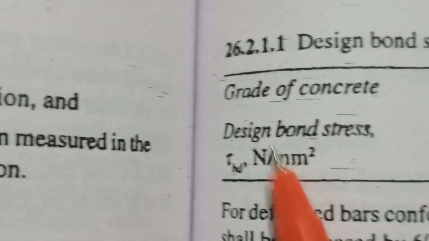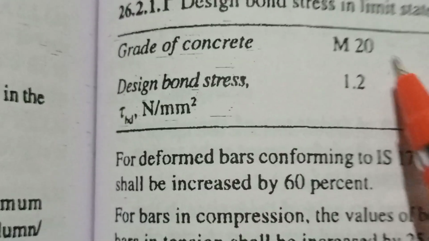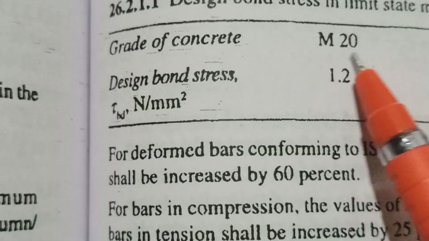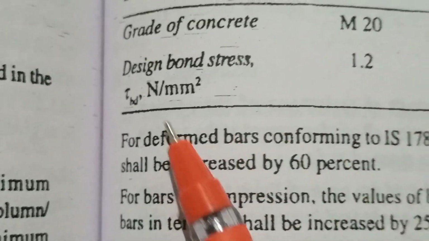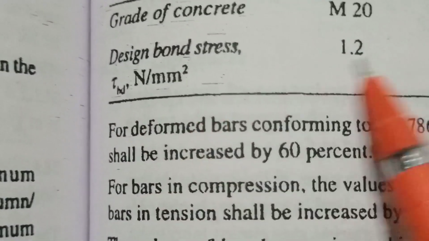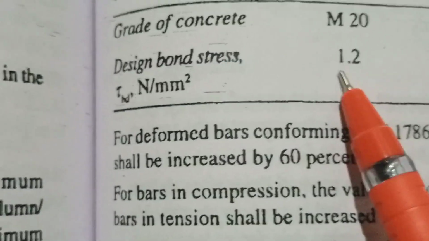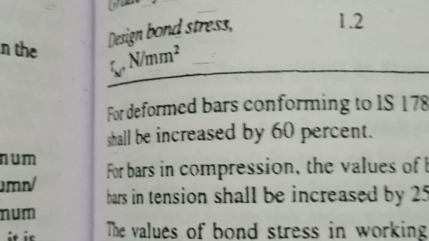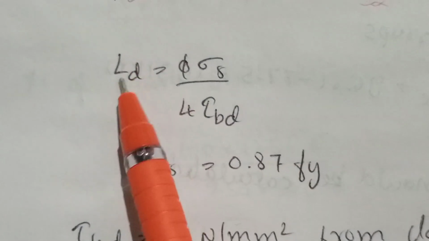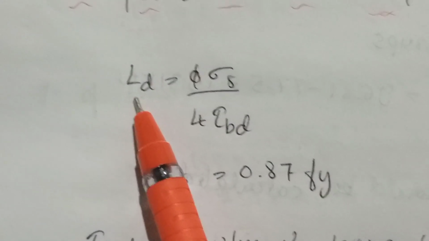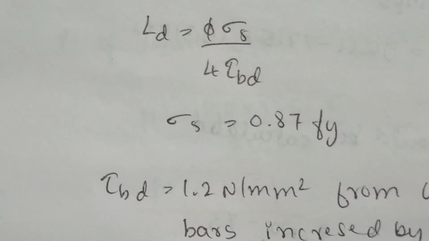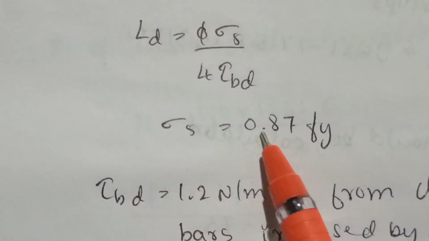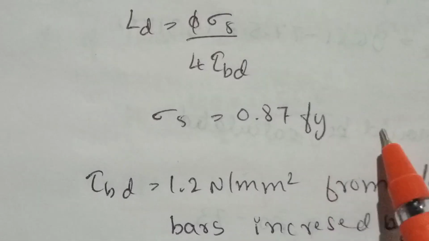So for example, our grade of concrete is, for example, M20. For this, our tau BD value is 1.2. This value is again going to increase by 60%. The same formula I have written, which is given on page number 42. So our sigma s value is equal to 0.87 Fy.